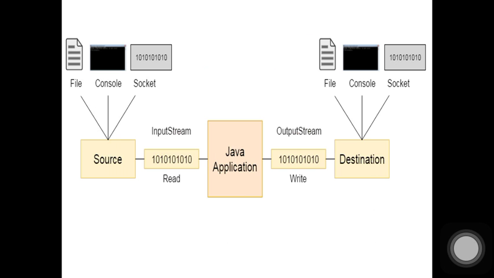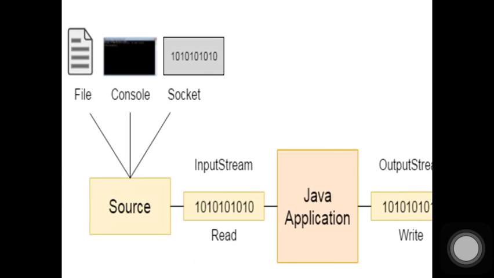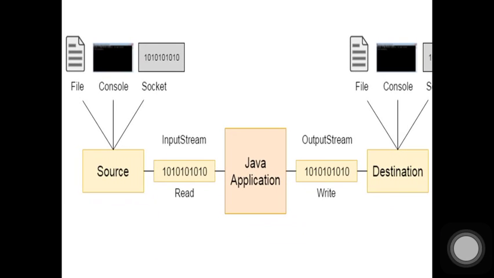Take a simple example here. Whenever you run a Java application, it usually needs certain data as input, or sometimes it produces some result as output. Whenever the application needs a value as input, it may acquire the value by means of input devices like a file, a console, or a socket from a network.